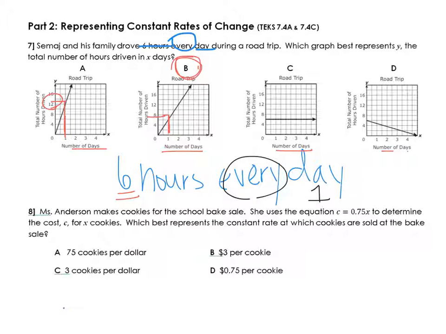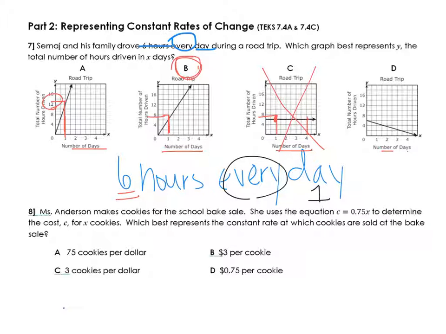Now C tells me that 1 is 6, but when I look at it, it's saying that he's going to travel for 4 days and still would have only gone 6 hours. That's not making sense. My graph should be increasing because as the days go on, he should have driven more and more hours. So C is not a reasonable choice.